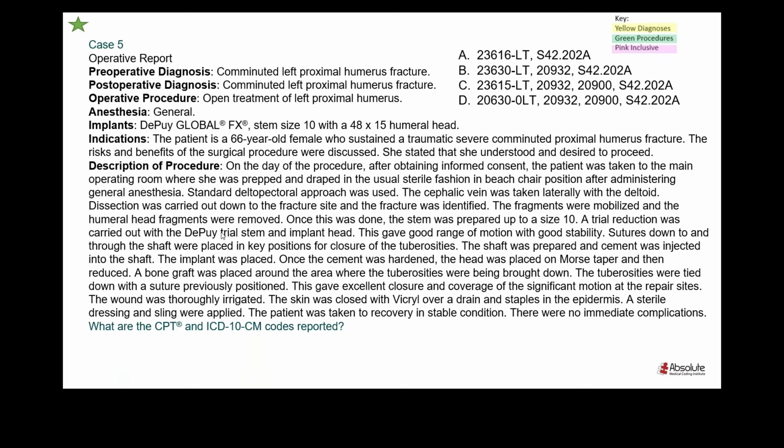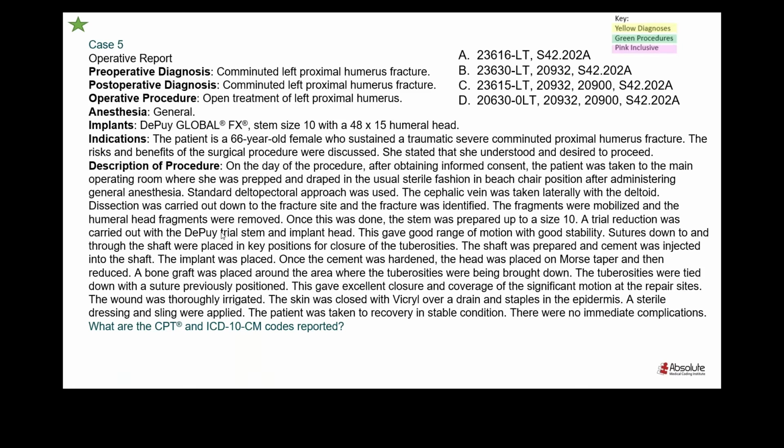Dissection was carried down to the fracture site and the fracture was identified. The fragments were mobilized and the humeral head fragments were removed. Once this was done, the stem was prepared up to a size 10 stem. A trial reduction was carried out with the trial stem and implant head. This gave good range of motion with good stability. Sutures down to and through the shaft were placed in key position for closure of the tuberosities.